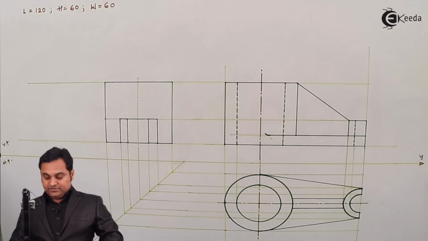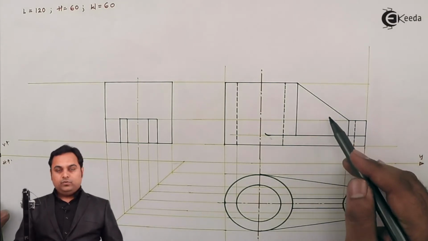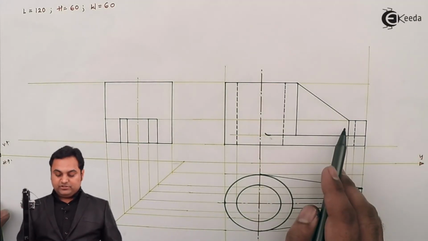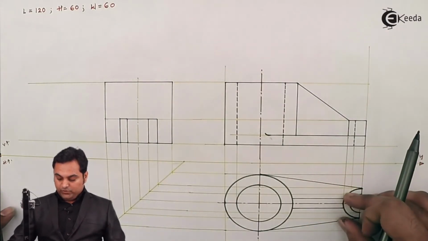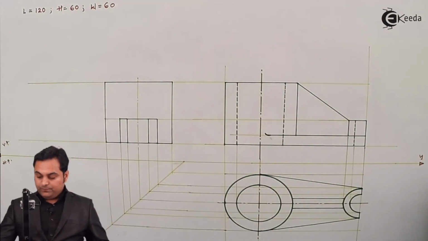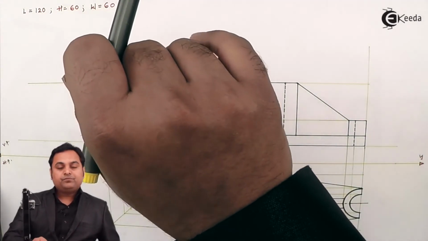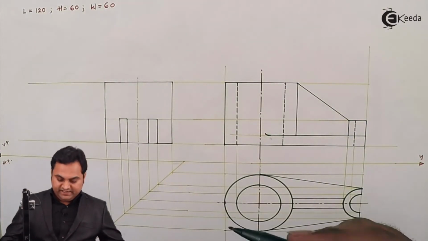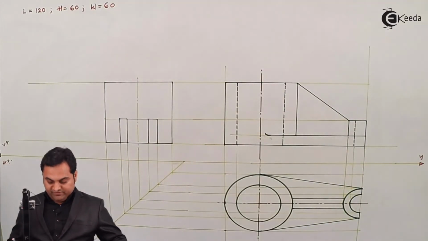Next, after making this cylinder dark, there is a rib which is connecting the cylinder with the semicircular part. So the height of the rib we already have. Now the width will be projected from the top view. So either we can project the rib from the top view, or since it is having a width 10, we can measure 5 mm on both the sides. That will also be fine.